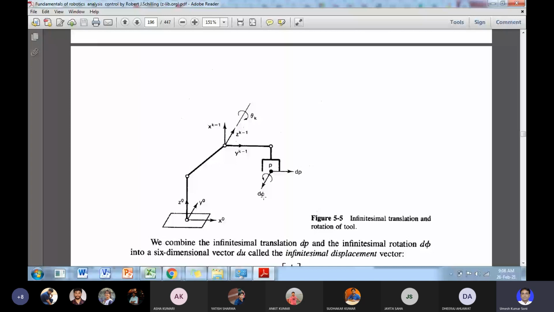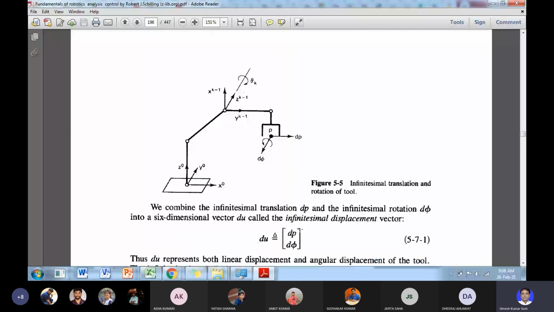The infinitesimal displacement of the tool tip is completely defined by this equation: a vector comprising the change in position as well as the infinitesimal change in angle.